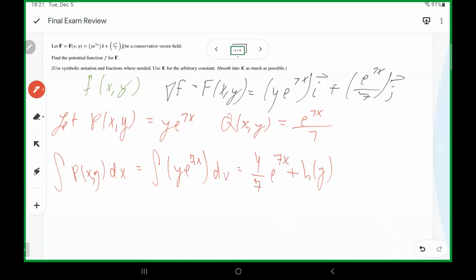Okay, so differentiating this expression with respect to y and setting it equal to Q(x,y) would give us h prime of y equal to 0, so h of y is equal to k.